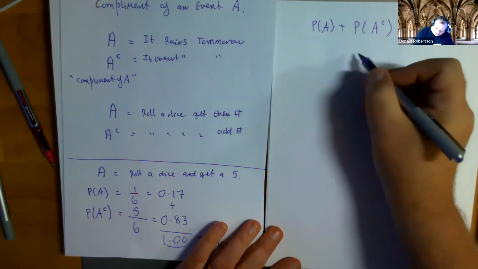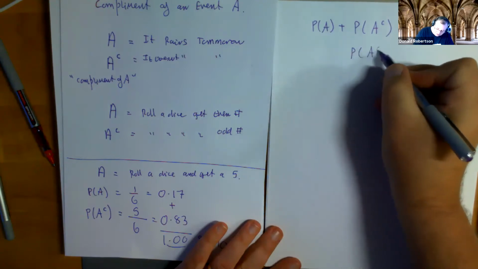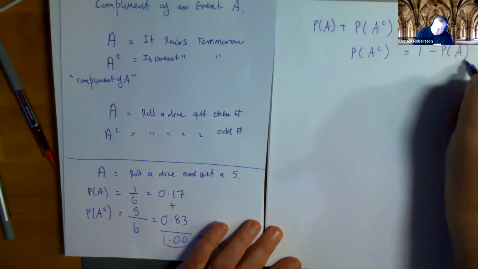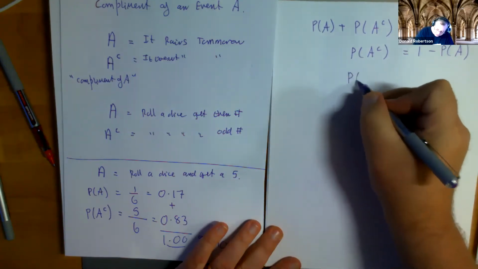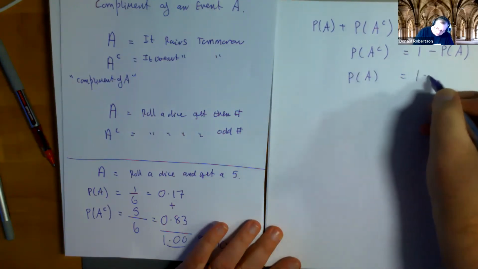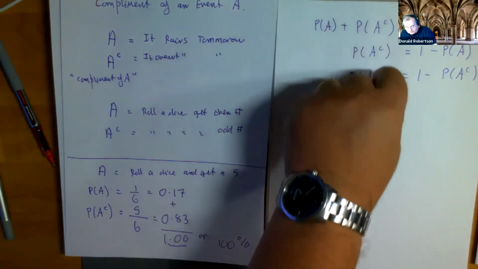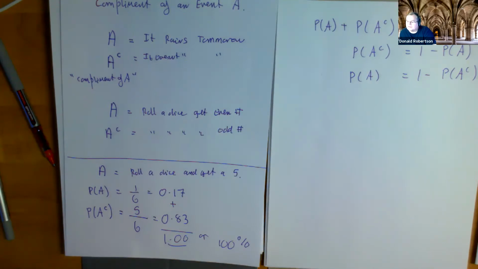But if you rearrange that, isn't the probability of the complement 1 take away the probability of the event? And another way of rearranging it would be this way. So as far as mathematics is concerned, aren't these 3 statements really equivalent to each other? They're just different ways of putting them together.